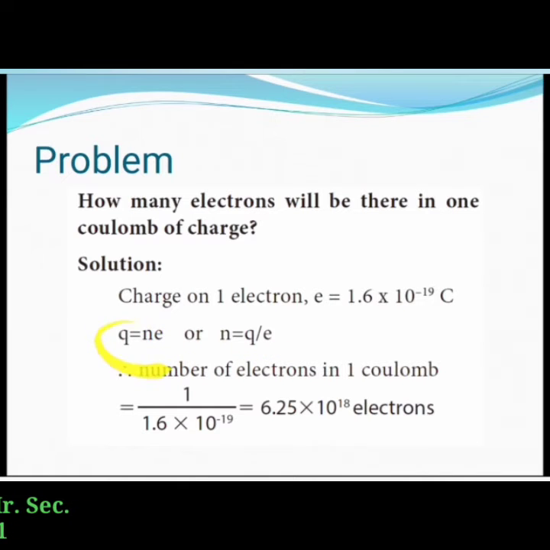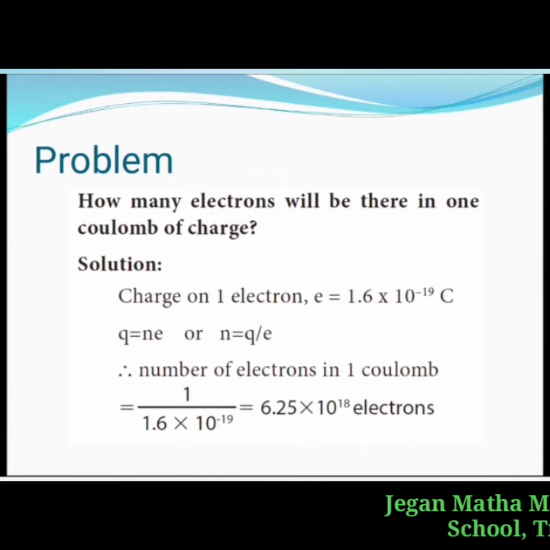From this formula we derive n is equal to Q by e. So the number of electrons in 1 coulomb is 1 by 1.6 × 10^-19, which is 6.25 × 10^18 electrons. So 1 coulomb of charge contains 6.25 × 10^18 electrons.